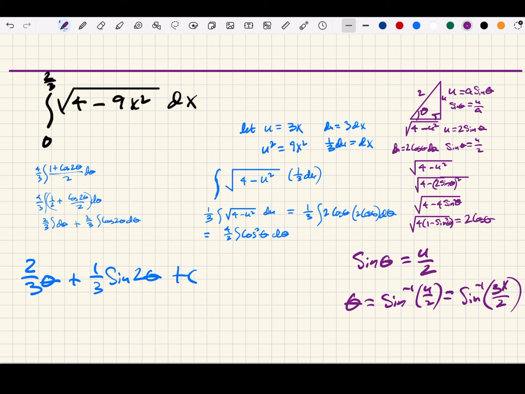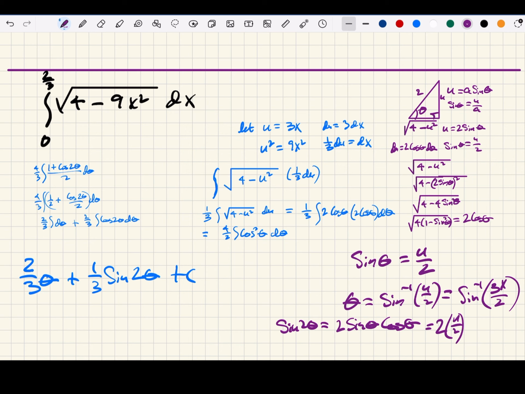And then sine 2 theta is 2 sine theta cosine theta, right? Your double angle identity. And so this is going to be 2, sine theta, u over 2, times the square root of 4 minus u squared over 2.